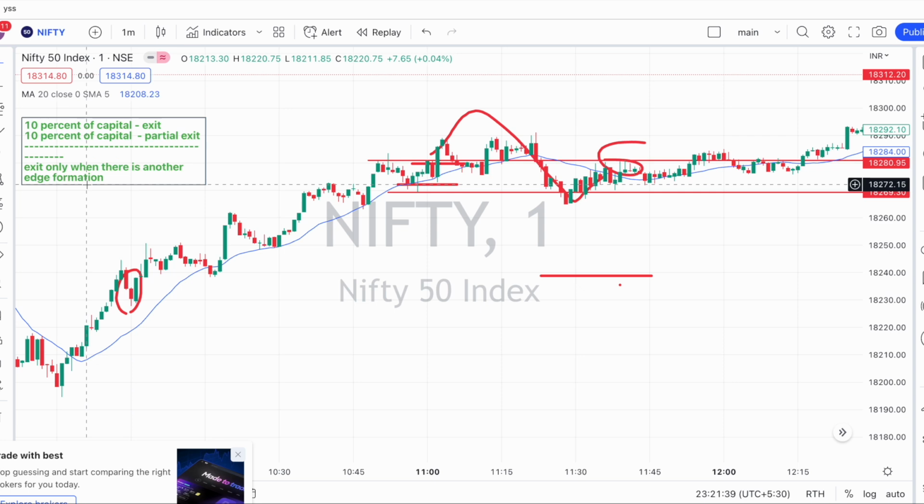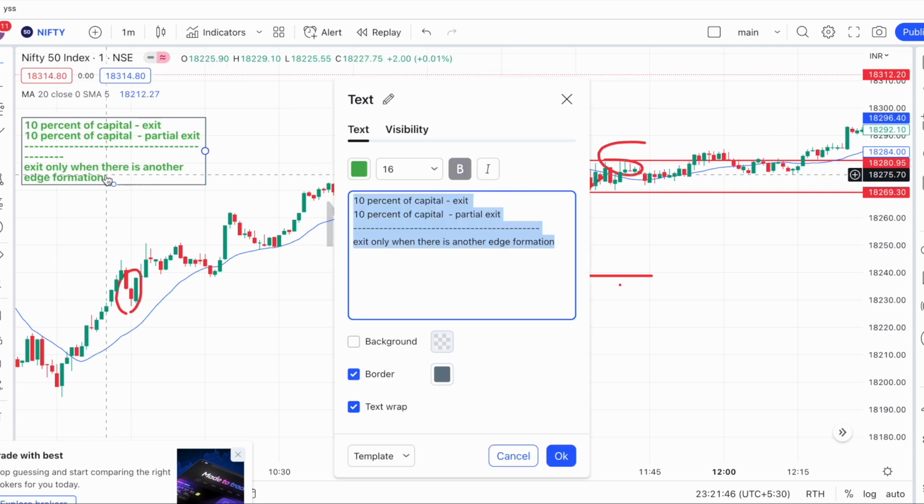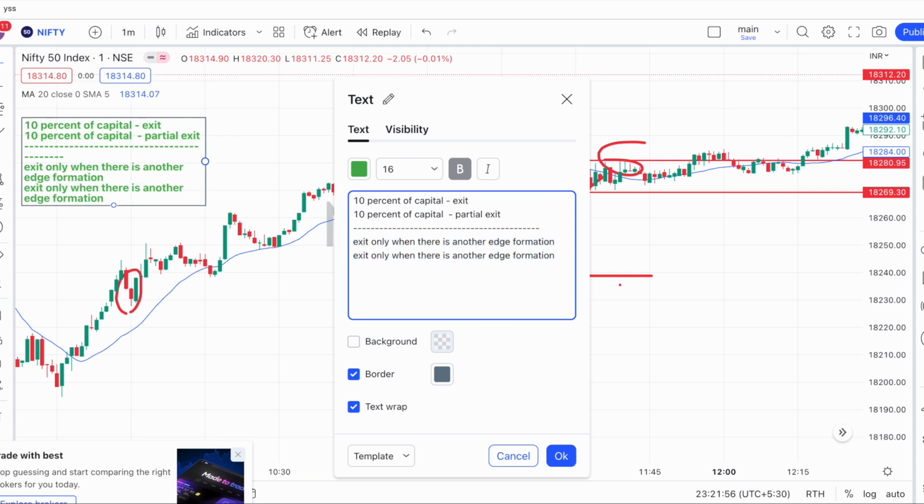So as an exit strategy, if there is any edge formation, you can exit out of your position, or exit only when there is an edge formation plus a sell strategy, which means you are going to get out of your buy position with the remaining profit, and you have to enter into a short position.